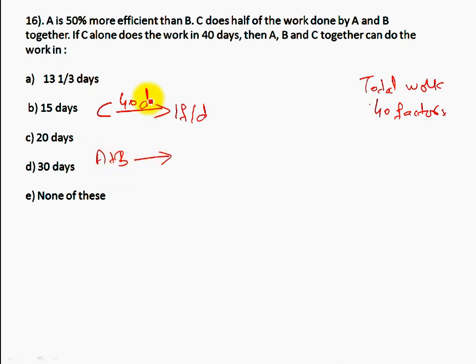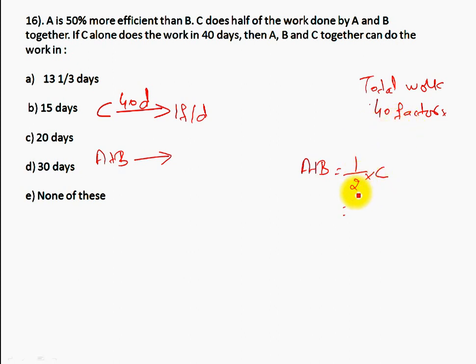How? In the first sentence it says C does half of the work done by A and B together. That means we can write one equation: C is equal to half of A plus B. So we know C can complete one factor per day and the total work is 40 factors.